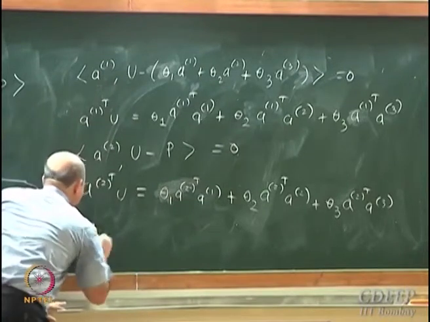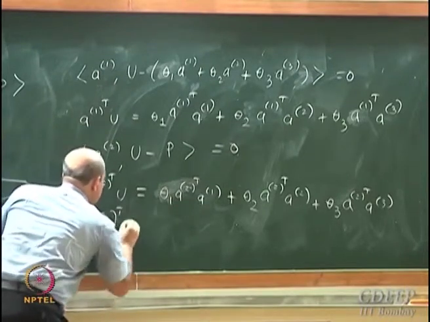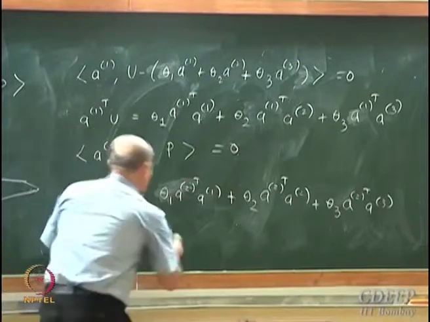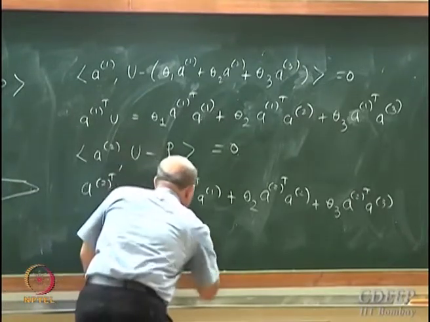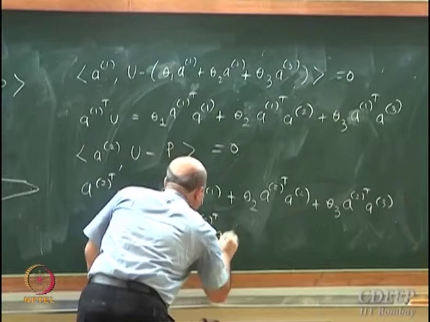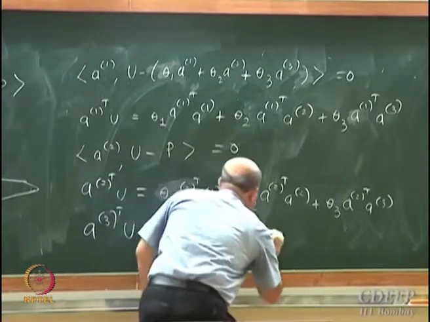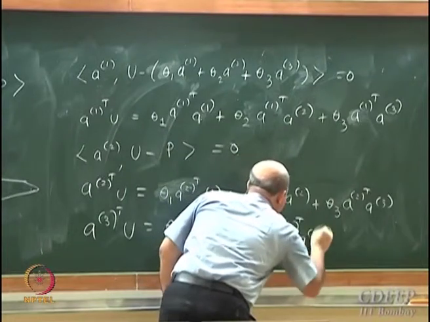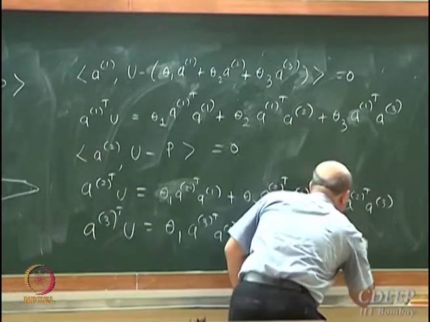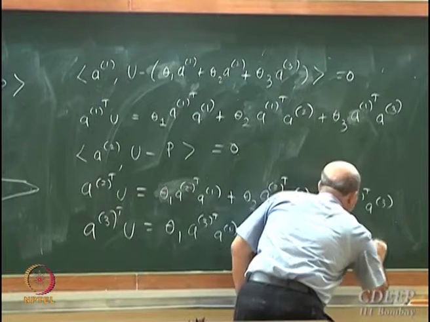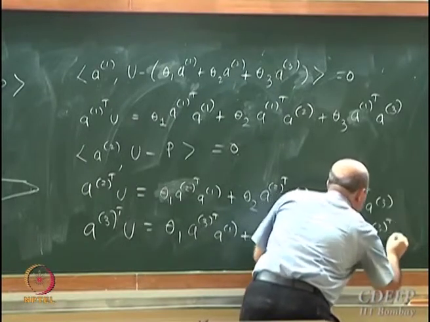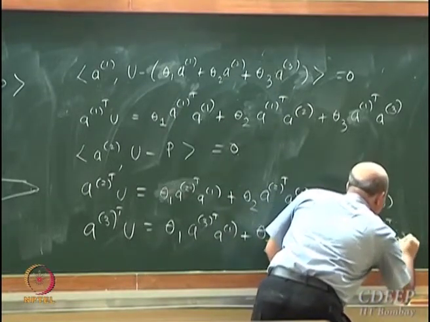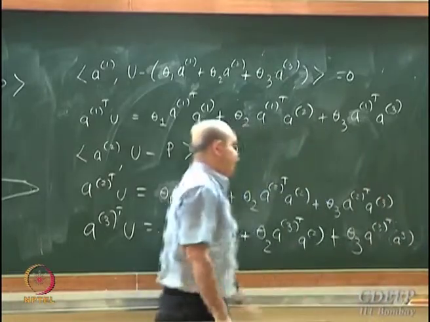I'll get A3 transpose u is equal to theta 1 A3 transpose A1 plus theta 2 A3 transpose A2 plus theta 3 A3 transpose A3.